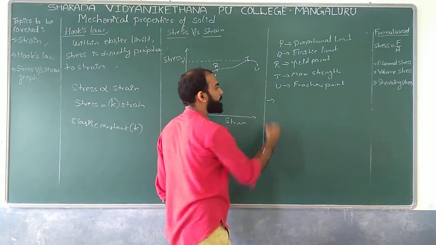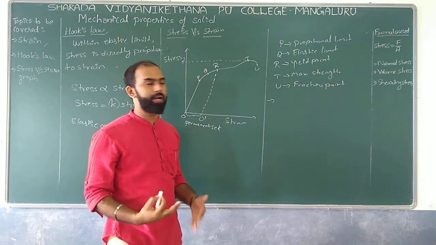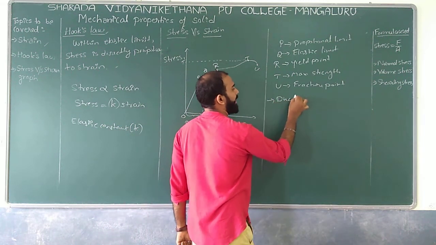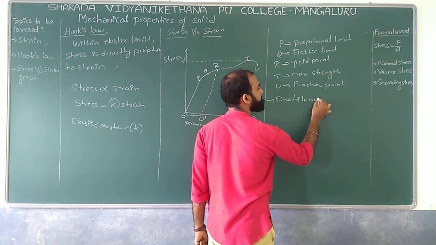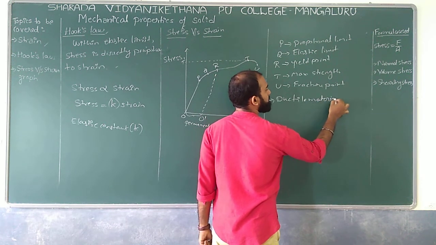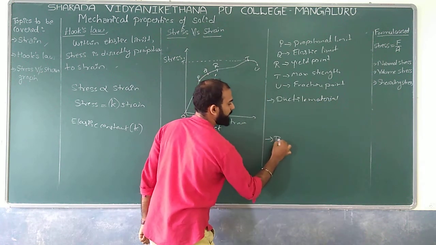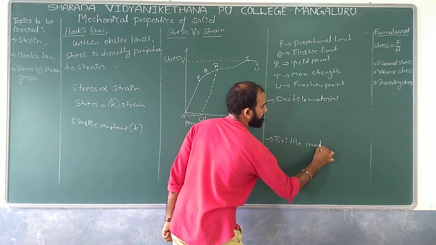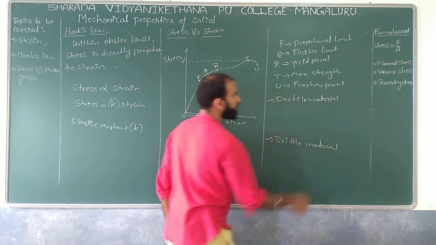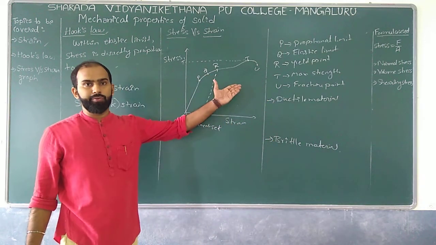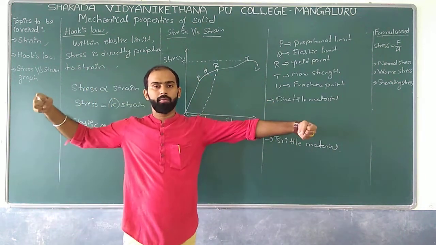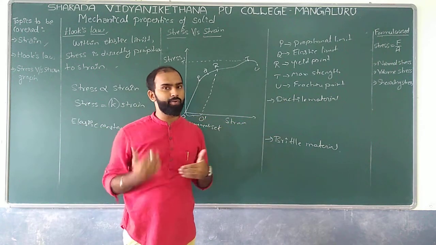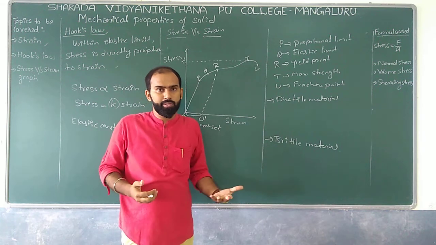Now, there are two types of material. One is ductile material and one more is brittle material. If you stretch more, for example, if the material has more plastic deformation, in the sense, what is the plastic body?